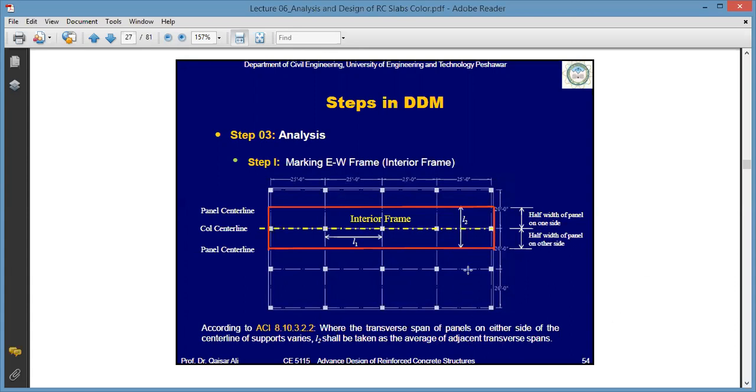This means if suppose you have different spans, suppose this span is 20 and here it is 30, then how do you take the frame width? Again, the procedure is simple. Just divide the distance between these two columns by 2 and draw a line. Similarly, divide the distance between the other two columns by 2 and draw a line. In this way, you will get this frame.